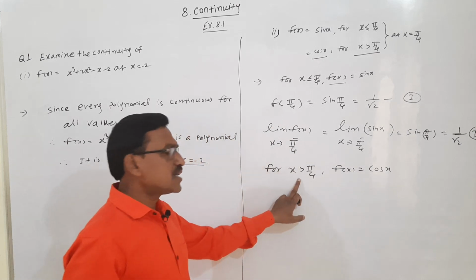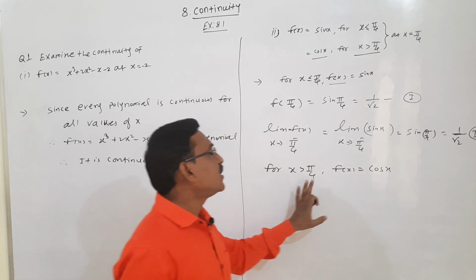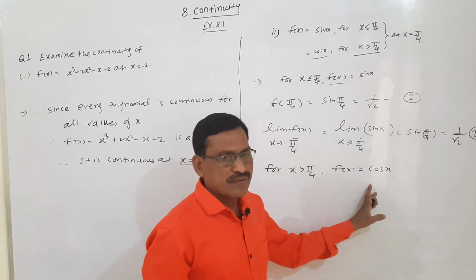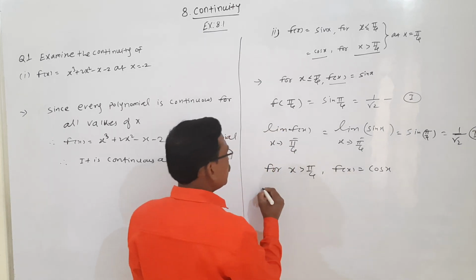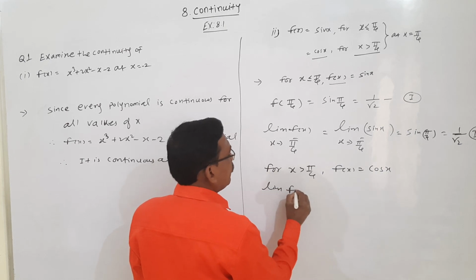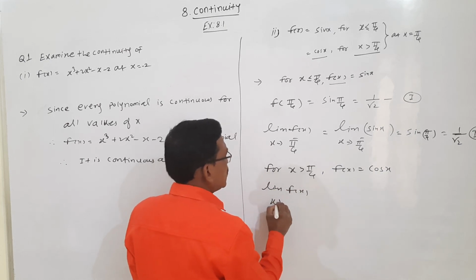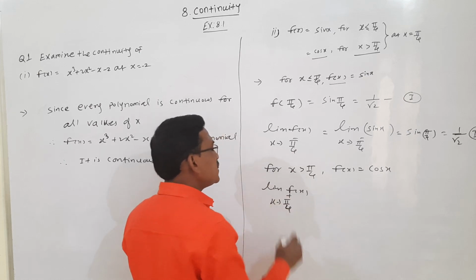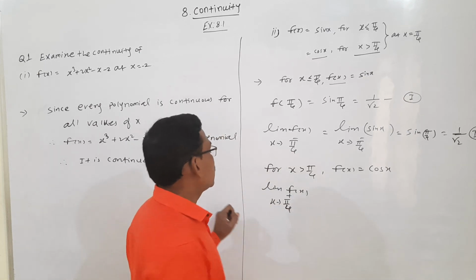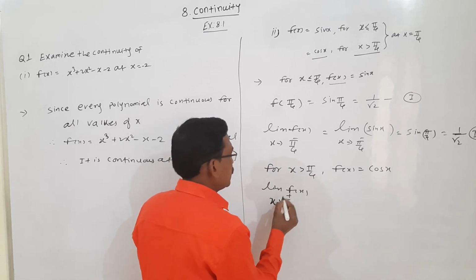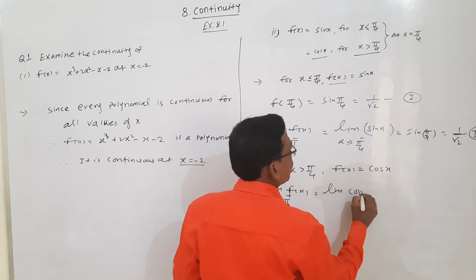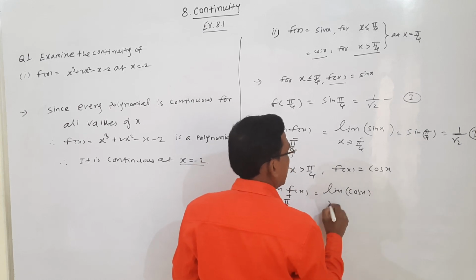Now since x is greater than pi by 4, we have to apply the right hand limit to this function. Therefore, the limit of f of x as x tends to pi by 4 plus, where pi by 4 plus means a right hand side limit, is equal to the limit of cos x as x tends to pi by 4 plus.